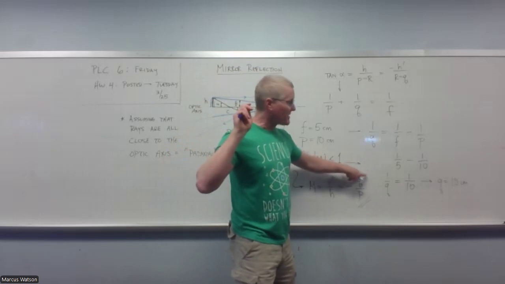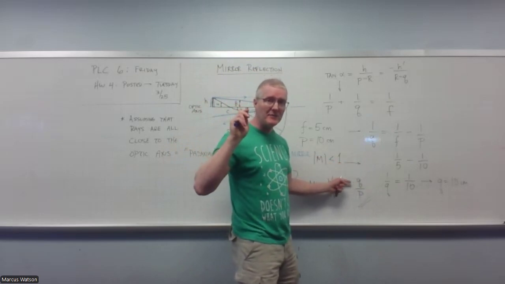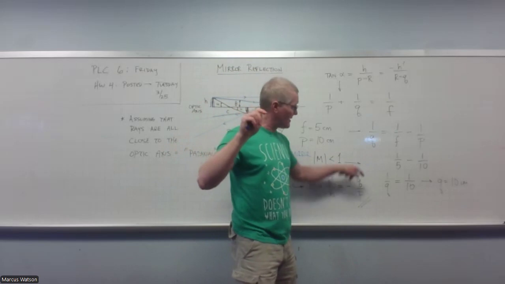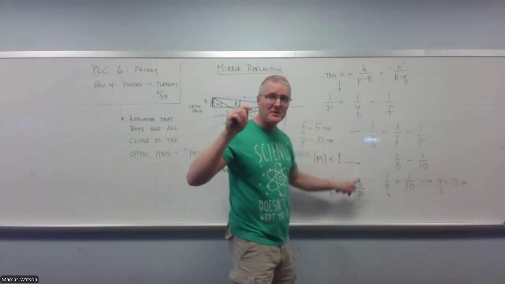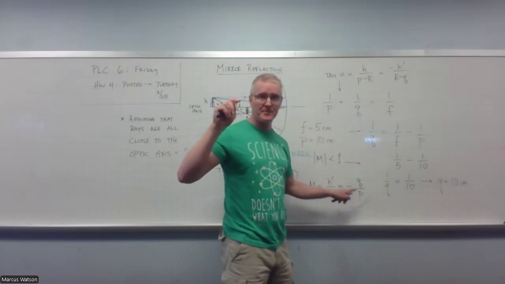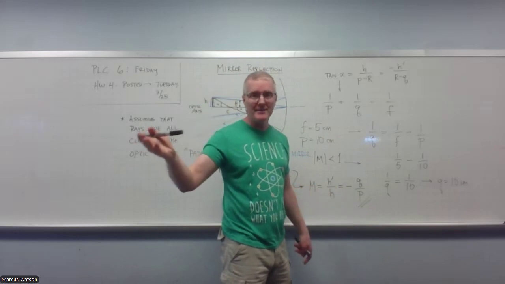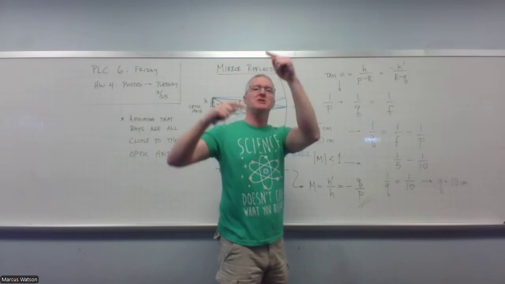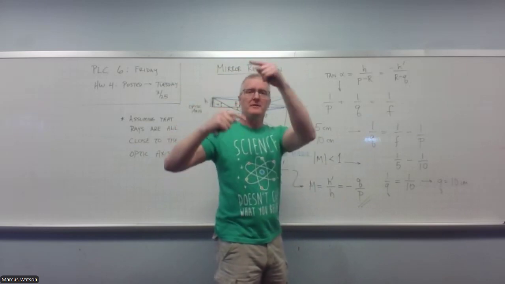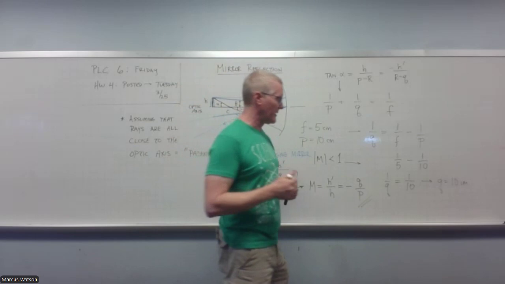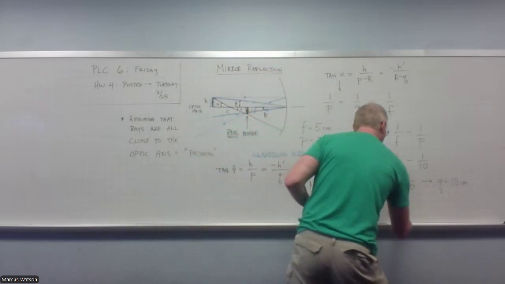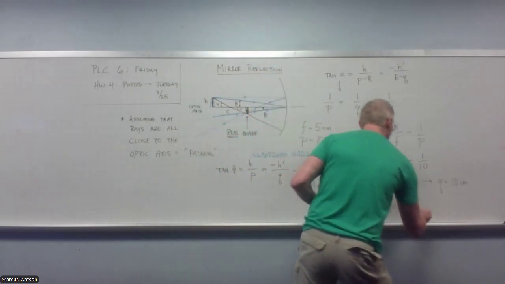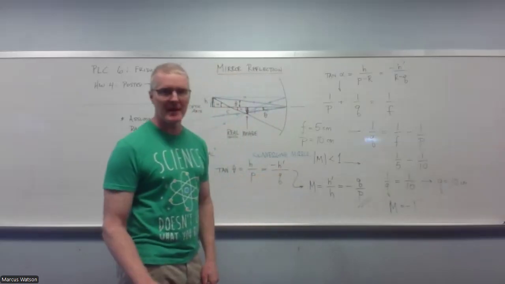I should therefore expect it to be inverted, so if I look at negative Q divided by P, I've got negative plus 10 centimeters divided by plus 10 centimeters. That's -1. That means the image is the exact same height as the object, it's just turned over. It's inverted. Okay? So the magnification would be -1 from that.